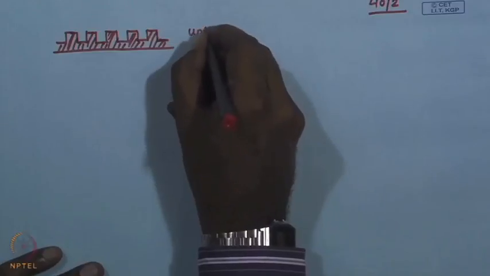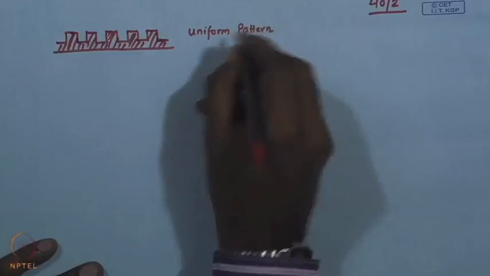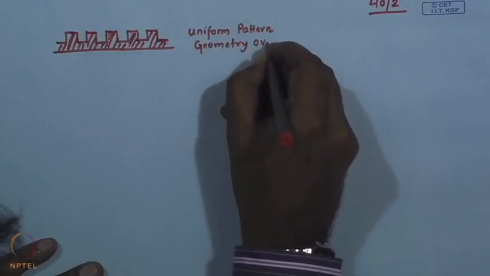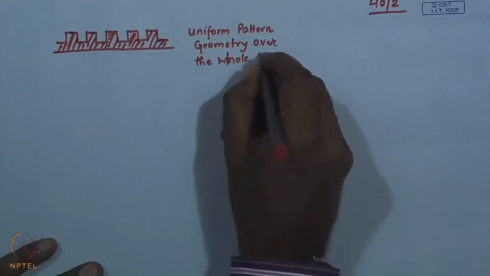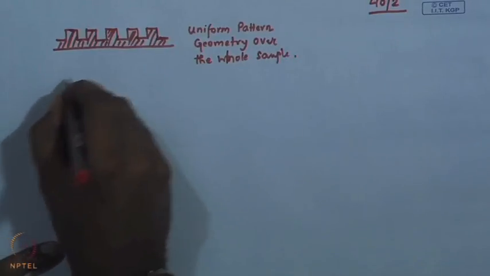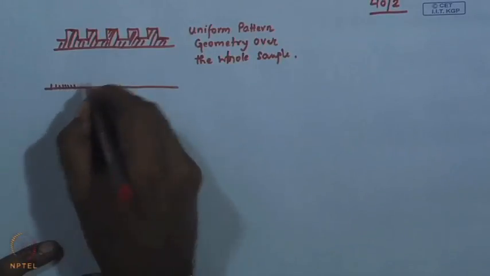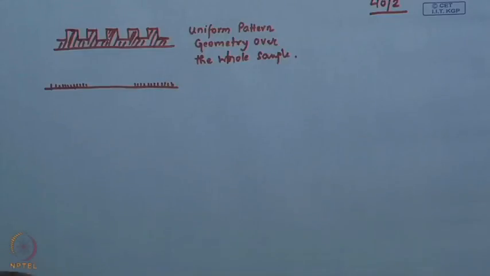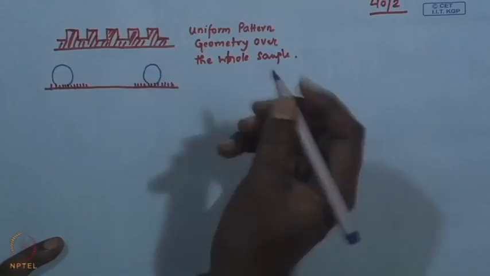Okay, so therefore, if you are looking, let us say, at the structural hydrophobicity of a patterned surface, you would expect that wherever you dispense the drop, you will get the same contact angle.